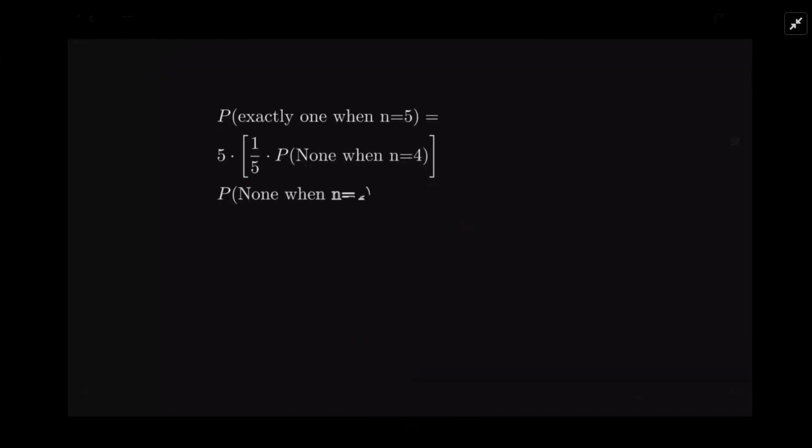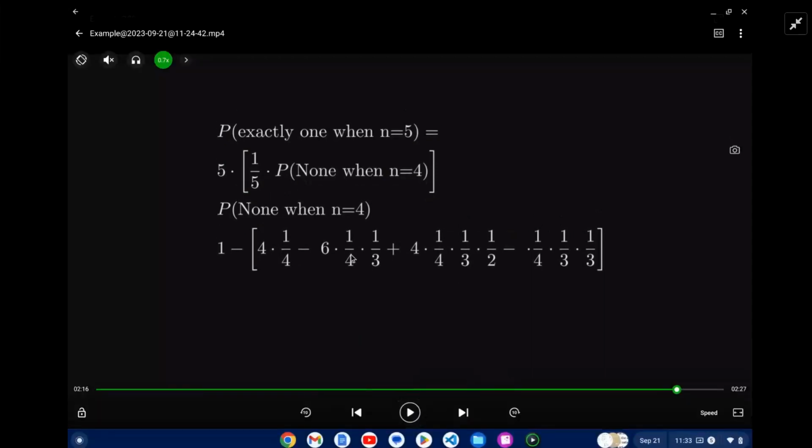We know the pattern. It's 1 minus the union, so this is the inclusion-exclusion.